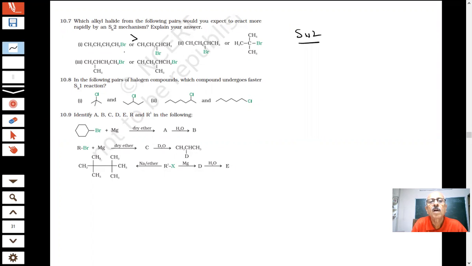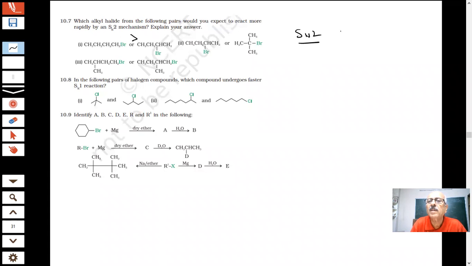Methyl, then 1 degree, then 2 degree, then 3 degree.